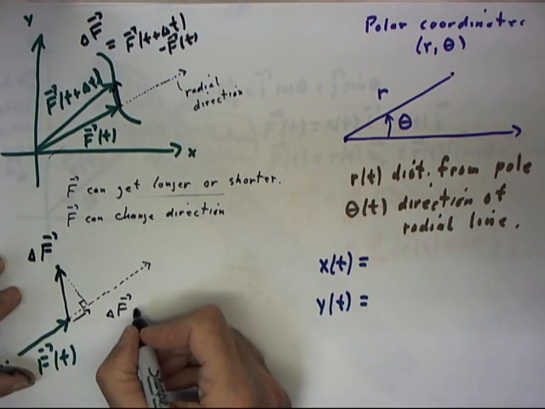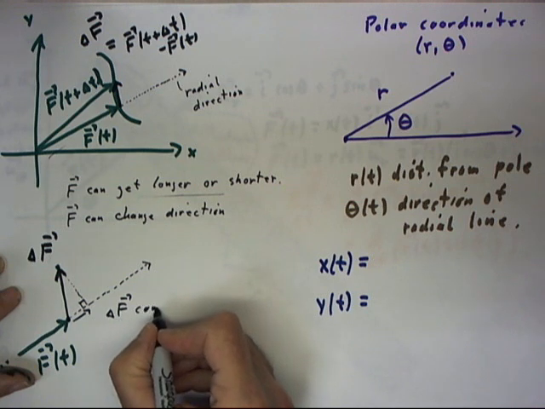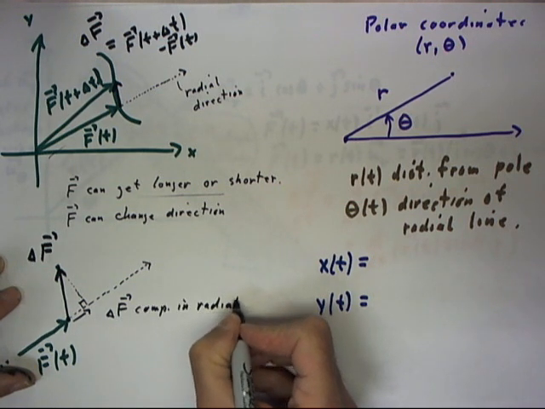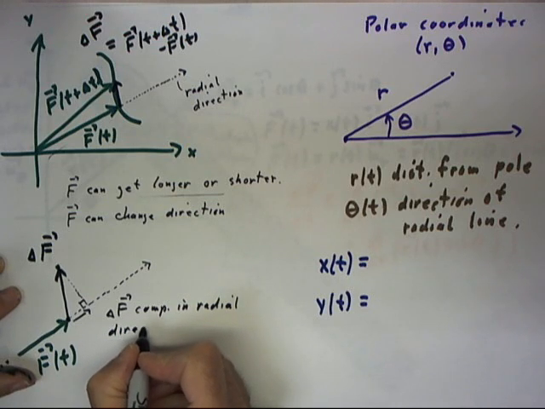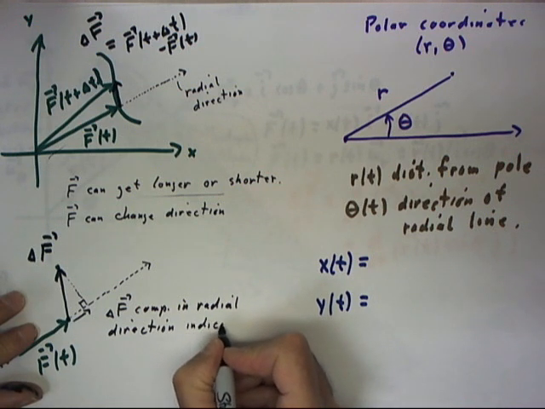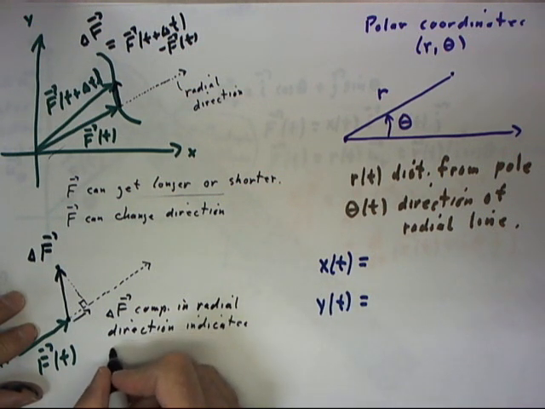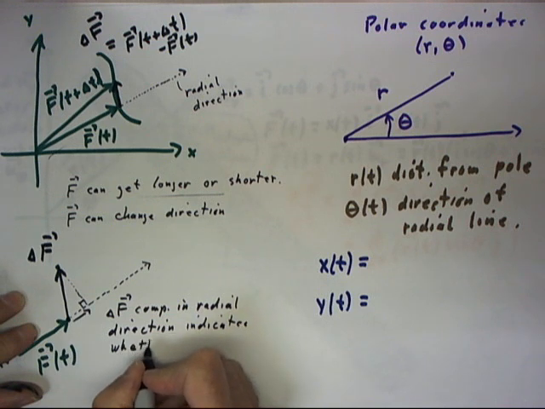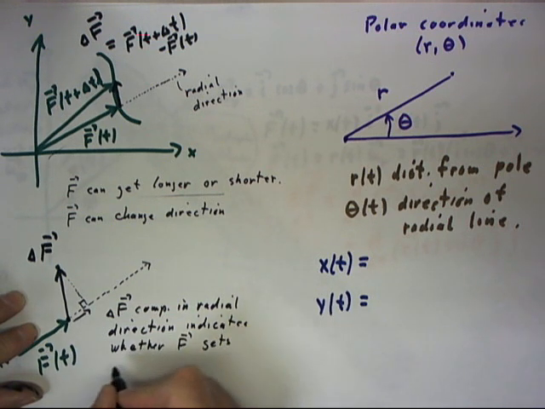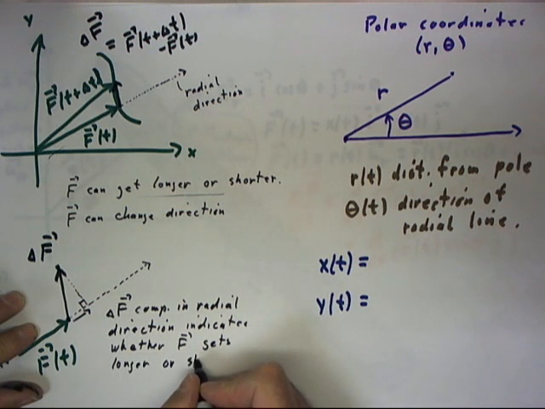The delta f component in the radial direction indicates whether f gets longer or shorter.